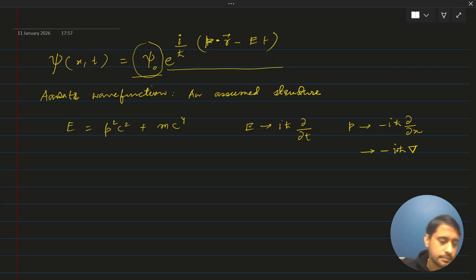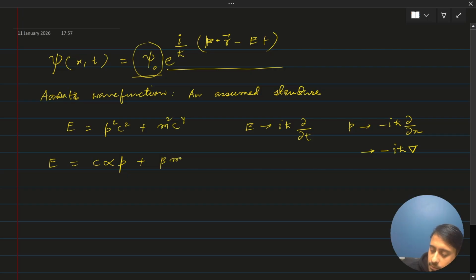So we got a few results. We got E equals c alpha dot p plus beta m c square.